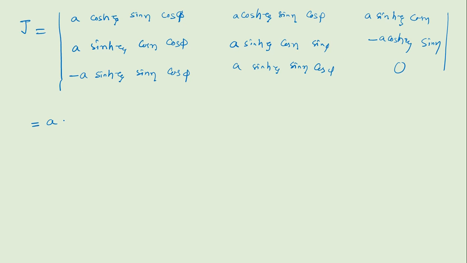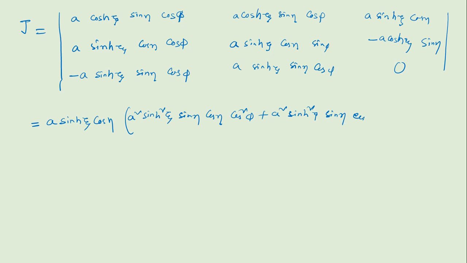So this will be a sinh xi cos eta within bracket a square sinh square xi sin eta cos eta cos square phi plus a square sinh square xi sin eta cos eta sin square phi. Simple.